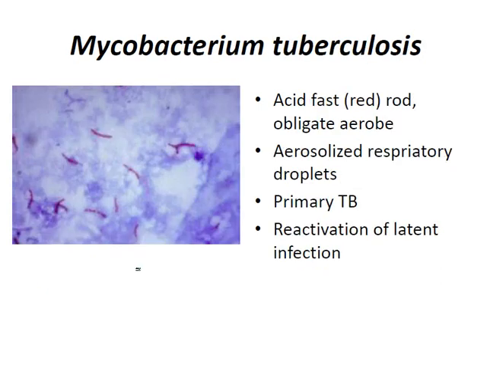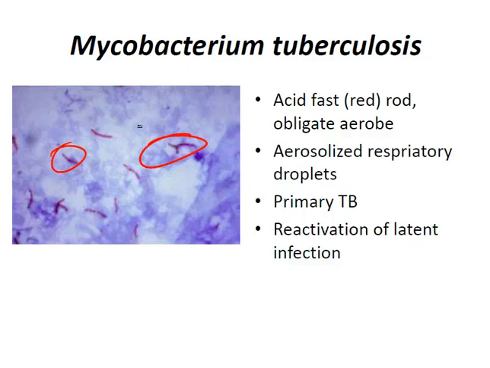So what about Mycobacterium tuberculosis? Well, we know this is an acid-fast rod, which just means it's red, which you can see right here in the picture. These little red guys. The reason I put this picture here is you will see it over and over. You have to recognize that's tuberculosis. They're obligate aerobes.